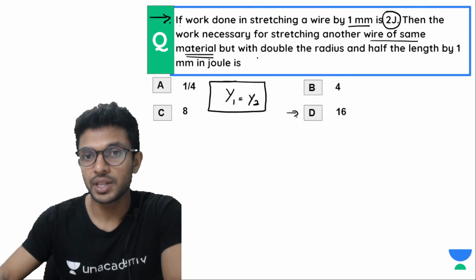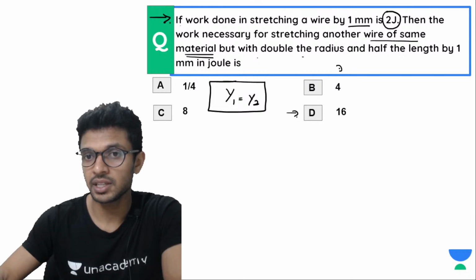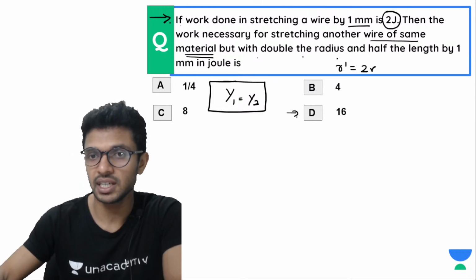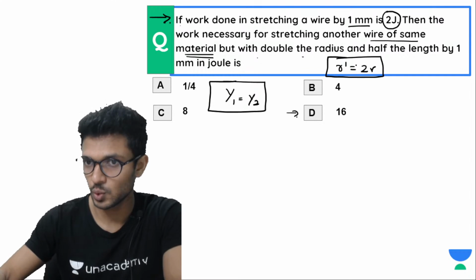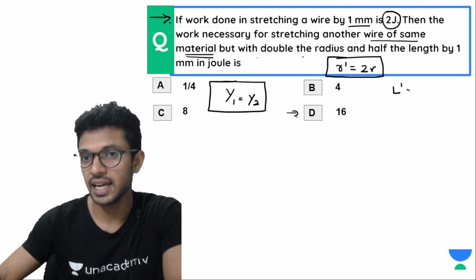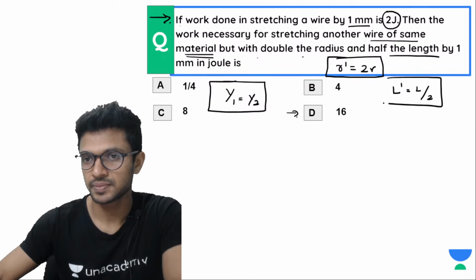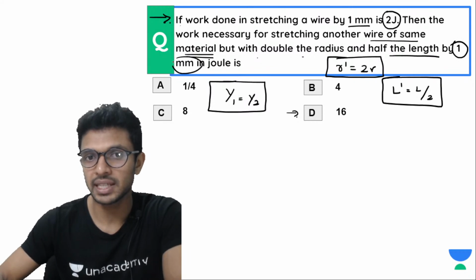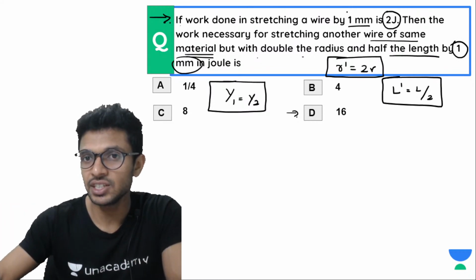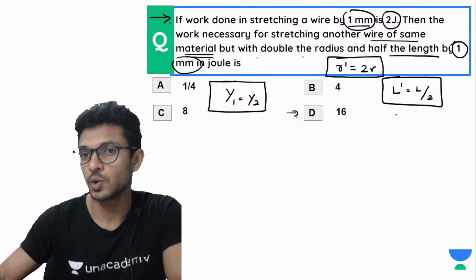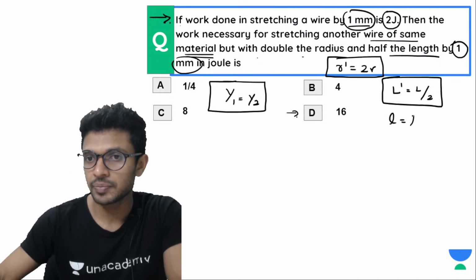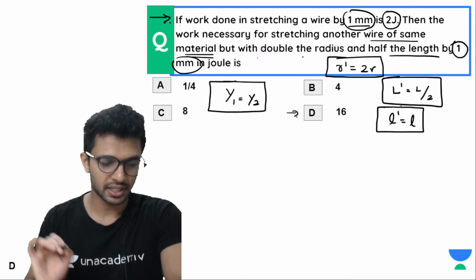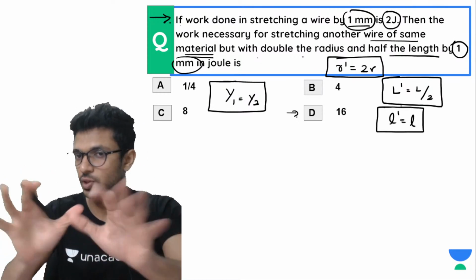Then with double the radius, matlab the new radius is 2 times the initial radius, r dash is 2r, and the new length L dash is half the length, so L by 2, by 1 millimeter in joule. Matlab the increase in length initially is 1 meter and finally also 1 meter. Matlab chotu L hai na, chotu L in both the cases are the same. So I have marked the important points from the question.